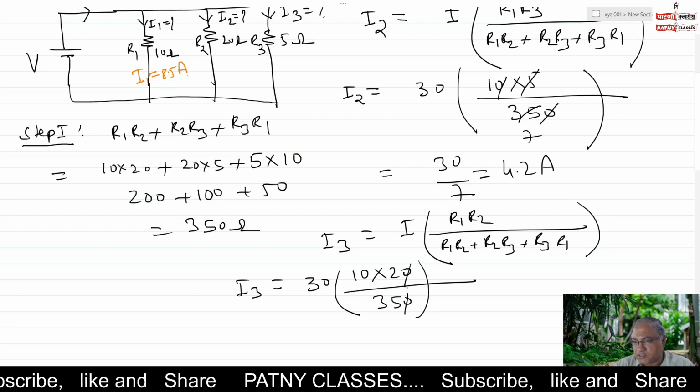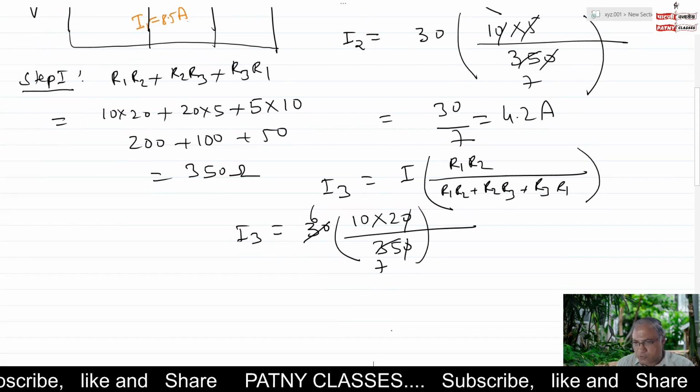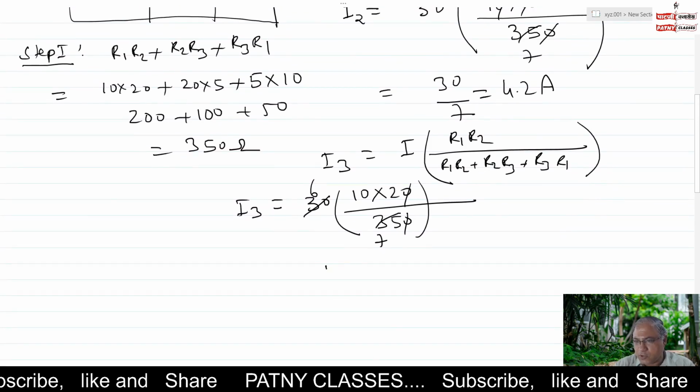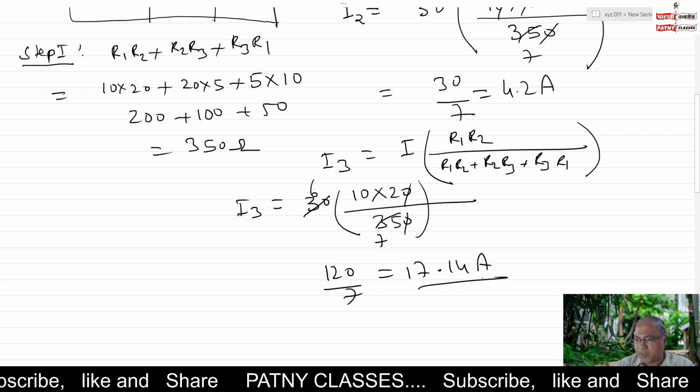This and this gone down. So we get here 5 6s are 30, 5 7s are 35, that equals 120 upon 7. So 120 divided by 7 equals 17.14 amperes.